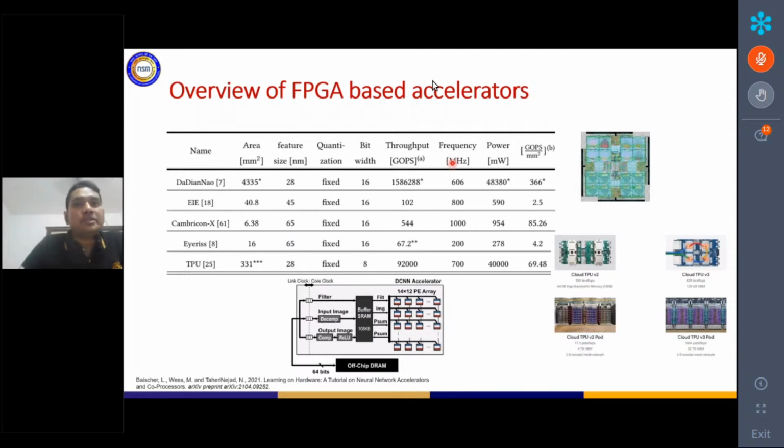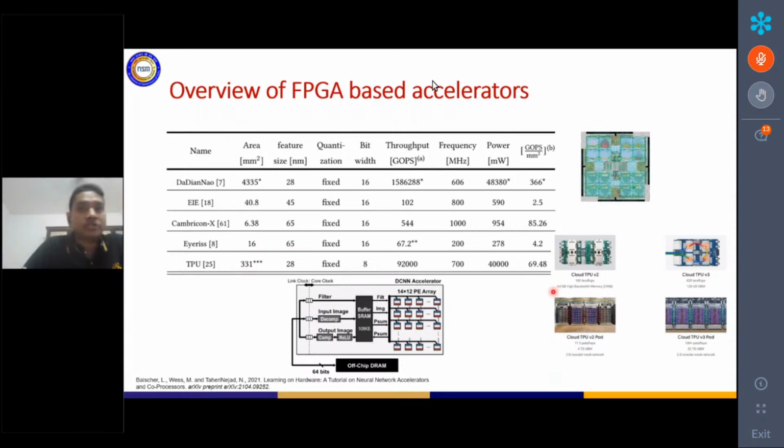In the FPGAs, of course, you can employ different ASIC-level accelerators because it is fully configurable. But this slide presents different performances of different ASICs that are available. So what are the different ASICs that are available?